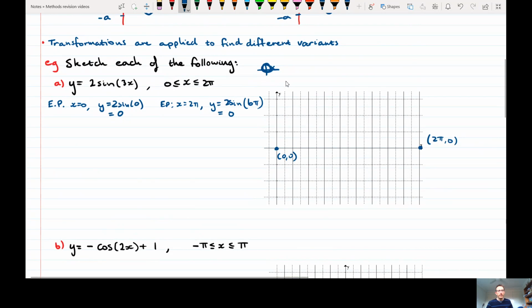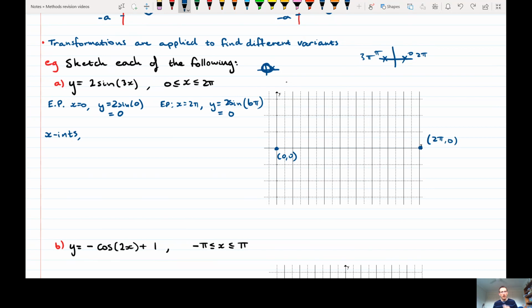Next, we don't need to find our y-intercept, it's already there, so we're going to find our x-intercepts now. There's no vertical or horizontal translations here, so it's all going to be in terms of sine. We know sine is 0 at 0, pi, 2 pi, 3 pi, and so forth, and those are all going to be your solutions. But then we have a dilation of 1/3, so we're going to divide all of our solutions by 3.